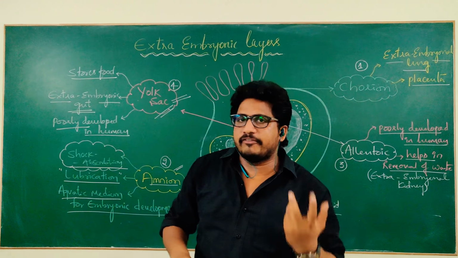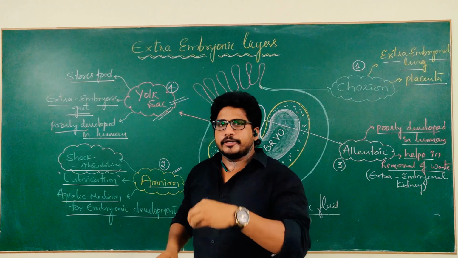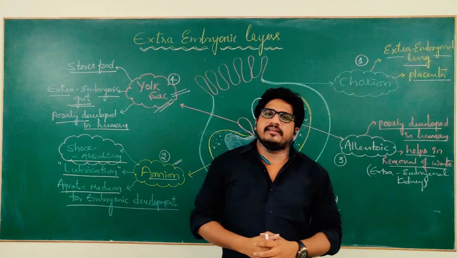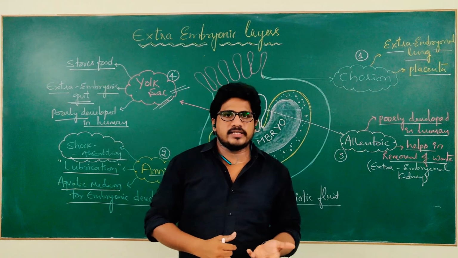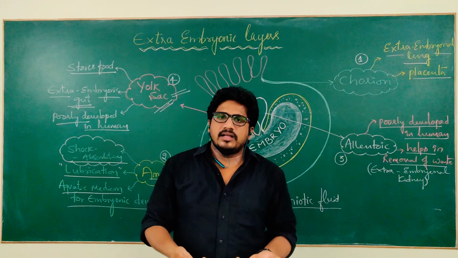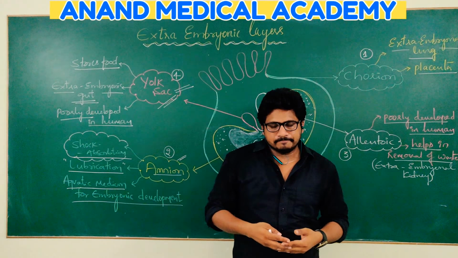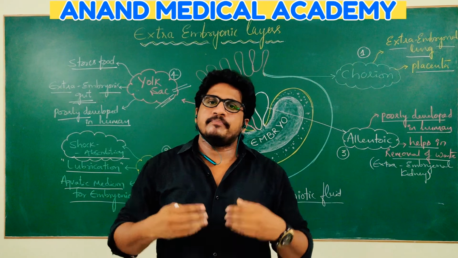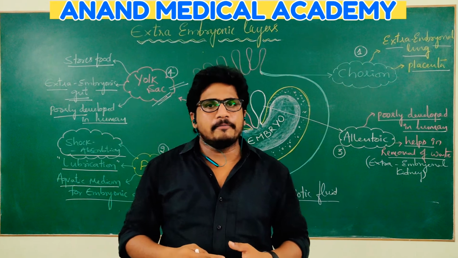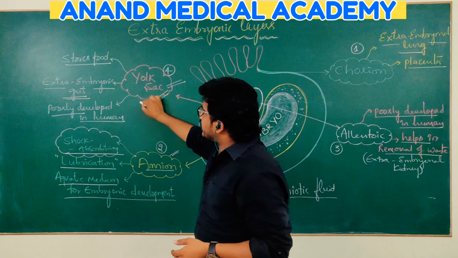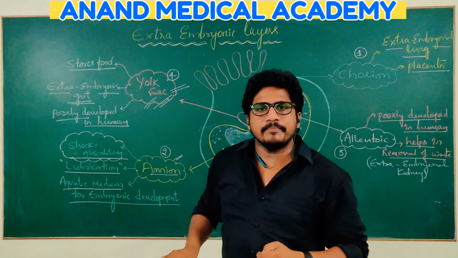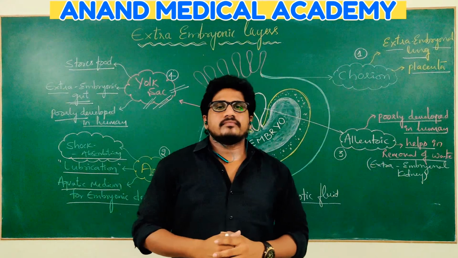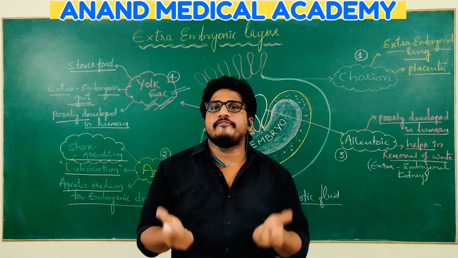Once the spleen and liver form, the yolk sac stops blood synthesis, and the liver and spleen perform hemopoiesis. Once the bone marrow forms in the baby, hemopoiesis is taken over by the stem cells present in the bone marrow. So the hemopoietic organ is the yolk sac. This point is also very important. This is how all the four layers present around the embryo help in different functions.